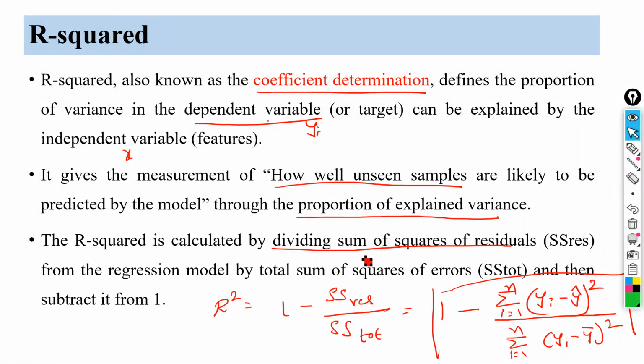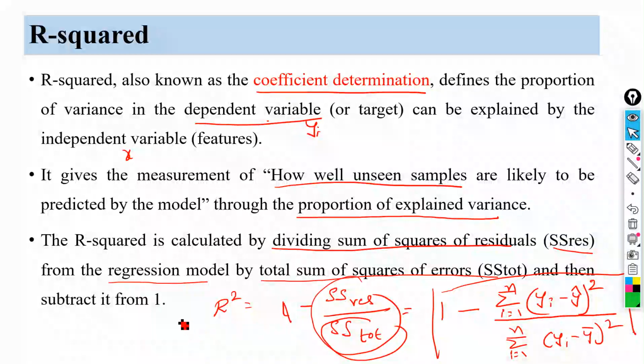R square is calculated by dividing the sum of the squares of the residuals, SSRES, from the regression model by the total sum of the squares, SS total. Then this value is subtracted from 1. This is the R square value.